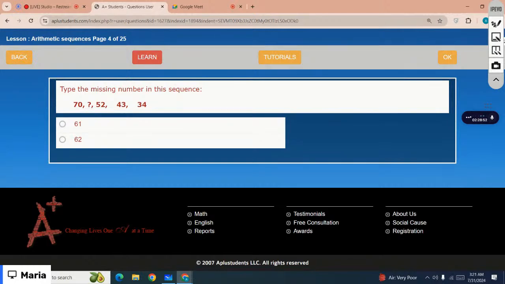Type the missing number in the sequence. So which number is missing? Correct option is, yes, 61. Option number 1 is the correct option.